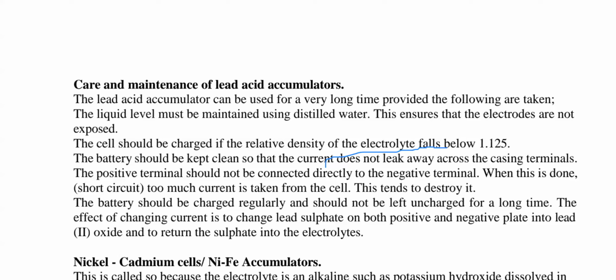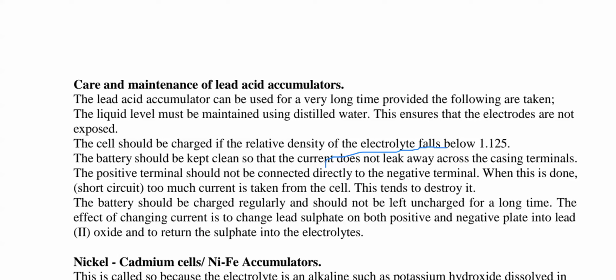how you should maintain the lead acid accumulator. You pick the ones you can remember most. Talk about the battery being charged regularly and not being left uncharged for a long period of time. That can be simpler for you. Talk about the positive terminal not being connected directly to the negative terminal. If it's connected, there will be a short circuit.